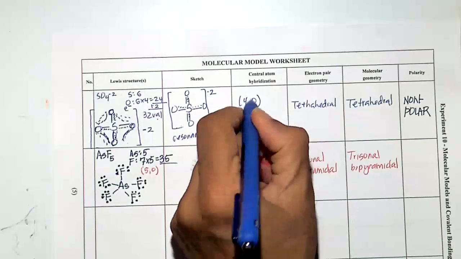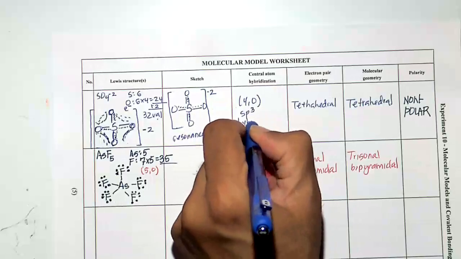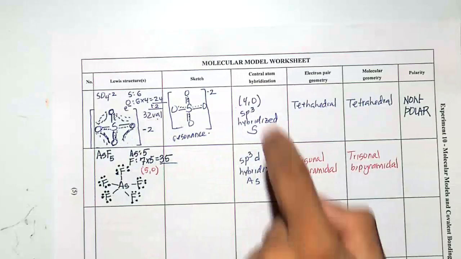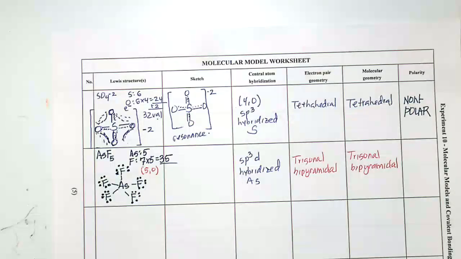Okay, this is an sp3 hybridized sulfur. Okay, the one above. So we need something with 5 holes. I have something with 5. Okay, 1, 2, 3, 4. So we're going to find something with 5 holes for you guys.